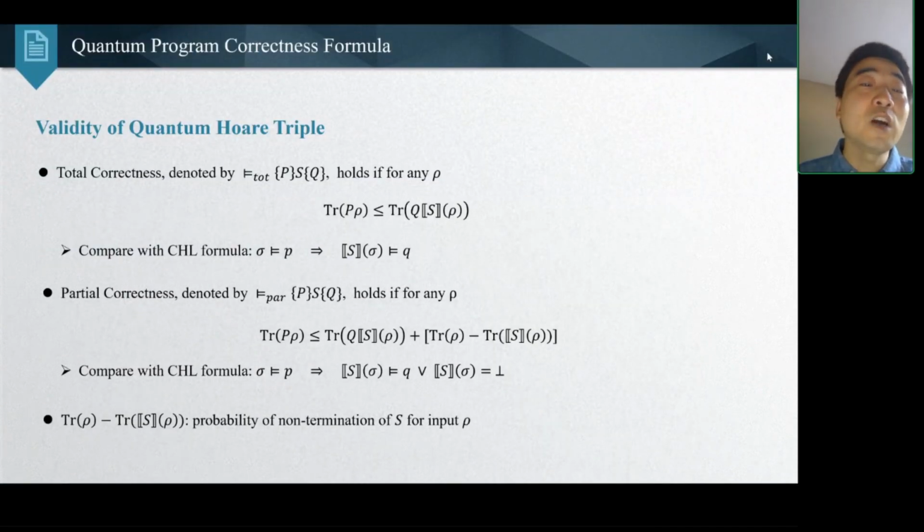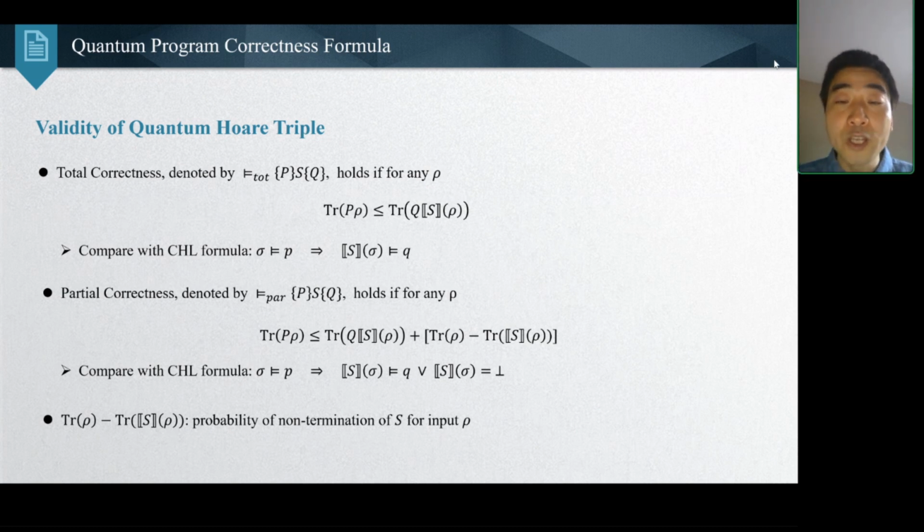The validity of the quantum Hoare triple, which Mingsheng Ying defined, is as follows. The total correctness is trace of P rho less than or equal to trace of Q S rho. Compared with the classical Hoare formula, if the input satisfies P, the output S satisfies Q. For partial correctness, also denoted as partial P S Q, it holds if for any rho, trace of P rho is no more than trace of Q S rho plus trace of rho minus trace of S rho.